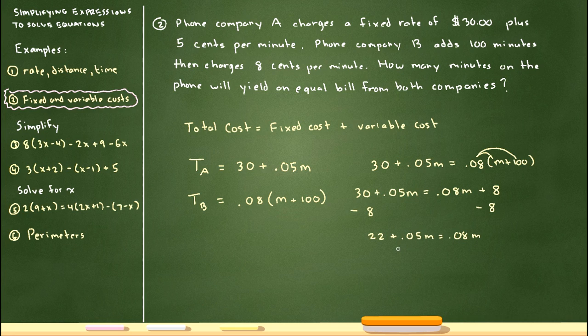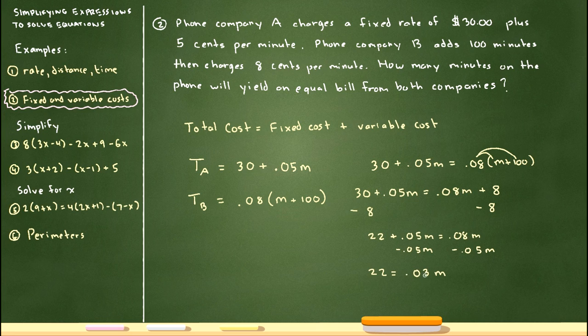And now I want to subtract my 0.05m from both sides. So we're going to get 22 is equal to 0.03m. Okay. And now 0.03m is equal to 22.